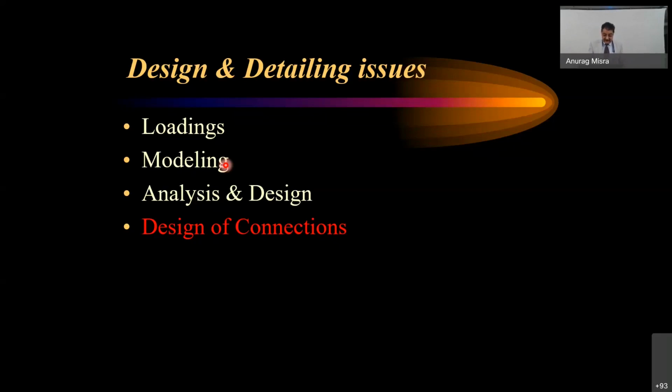So design of connection is very important, because that's one part which is many times not handled properly, and several failure examples you can find because of the failure in the connection. So we have to be very cautious while designing steel buildings and designing the connections properly.